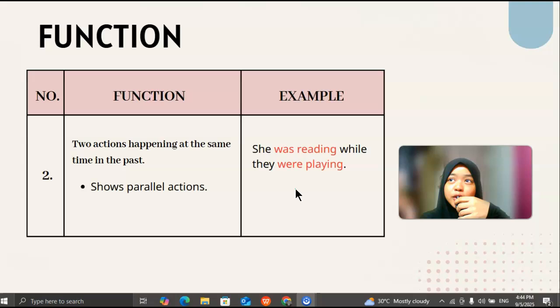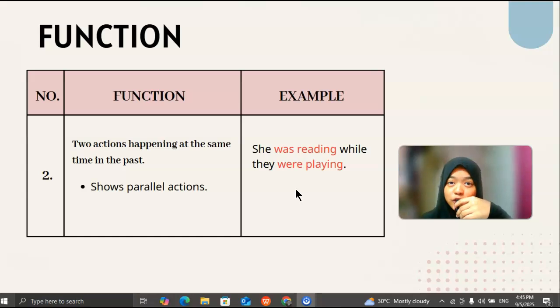So an example of the context for you guys to understand it better would be, you went to school and then your friend asked you, hey, what were you doing yesterday? So you answer with, oh, yesterday I was reading while my brothers were playing outside.